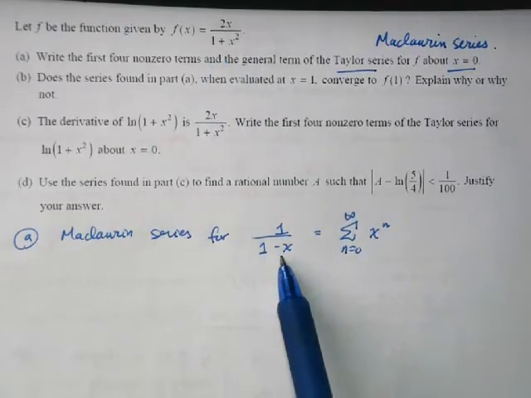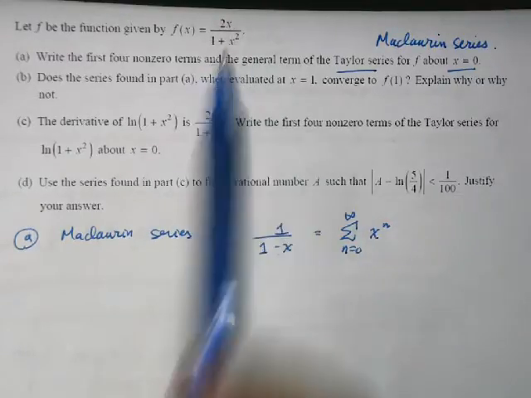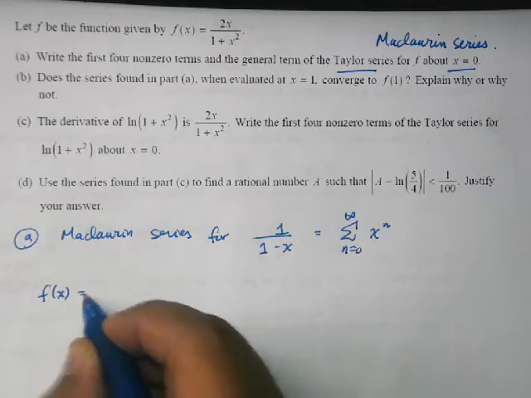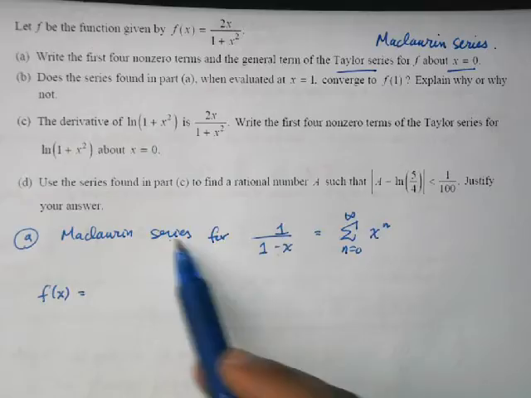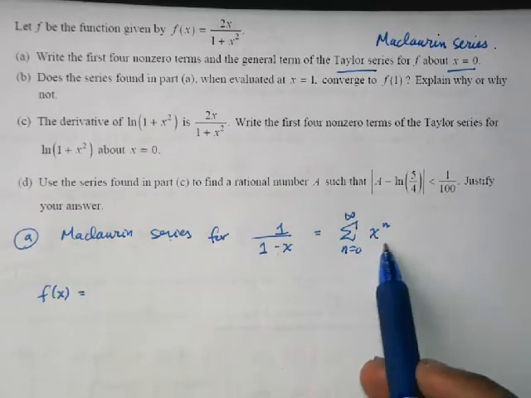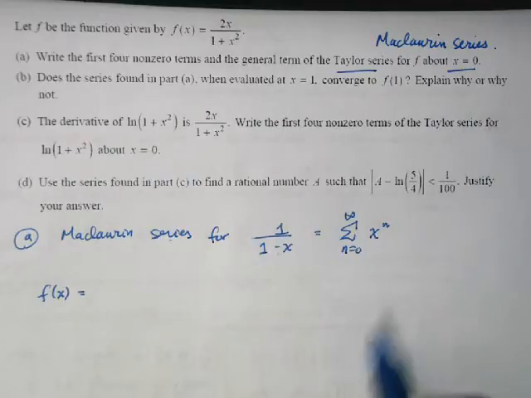So what we're going to do is just use this power series here to help us figure out this one. So f of x, and again, I want to emphasize we can do that because we know that a Maclaurin series of this particular function is exactly equal to a power series of x to the n. Okay?